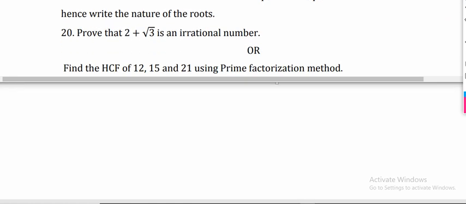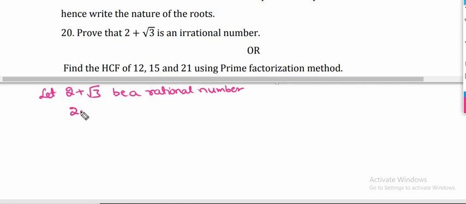So then prove that 2 plus root 3 is an irrational number. So here we have to write 2 plus root 3 is an irrational number. Let us assume, let 2 plus root 3 be a rational number. This is the rational number.